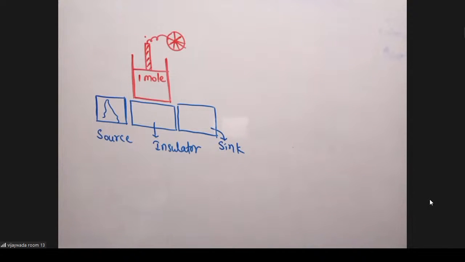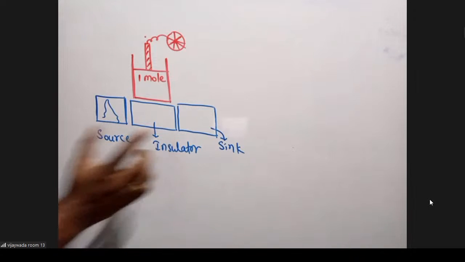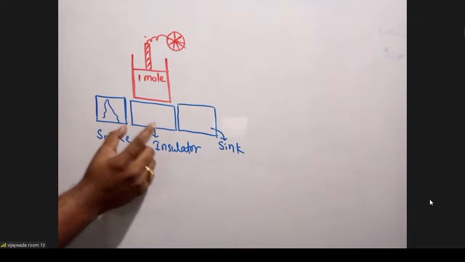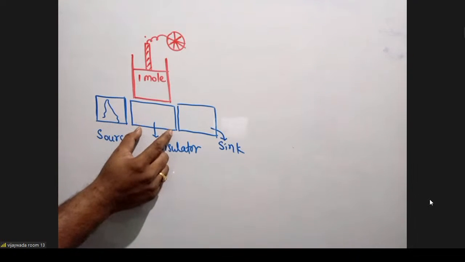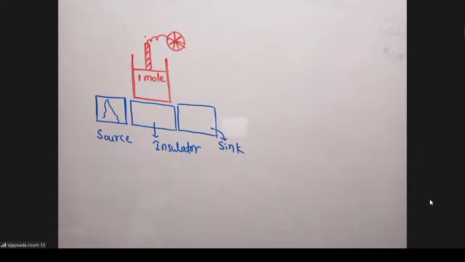Students, in the first process, isothermal reversible expansion, the source is moved to this position. It is a high temperature region, and the other is a low temperature region, but we are saying isothermal reversible expansion. Isothermal means temperature is constant, but heat will transfer from system to surroundings and surroundings to system.